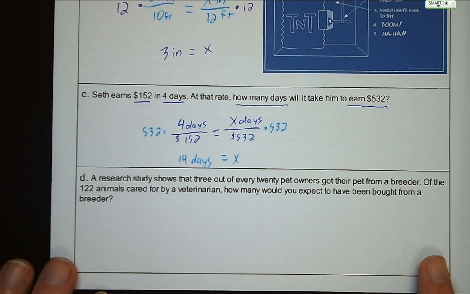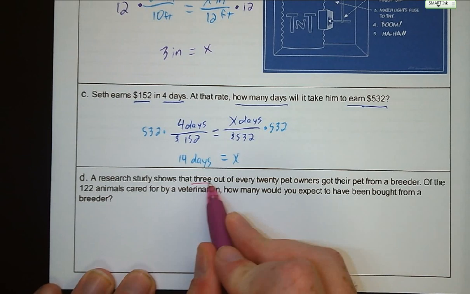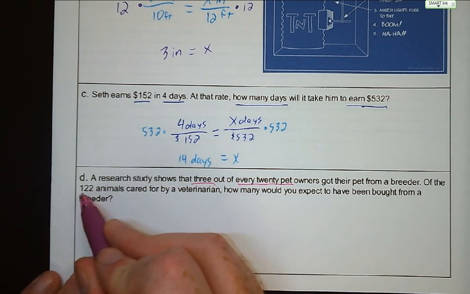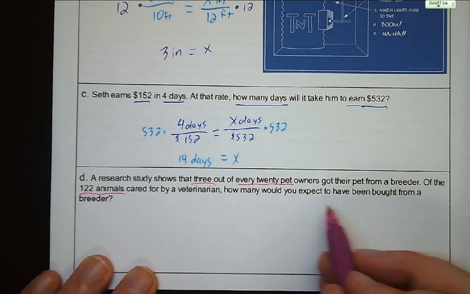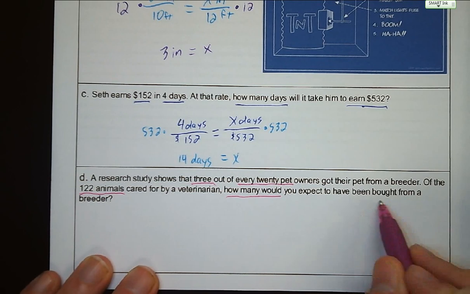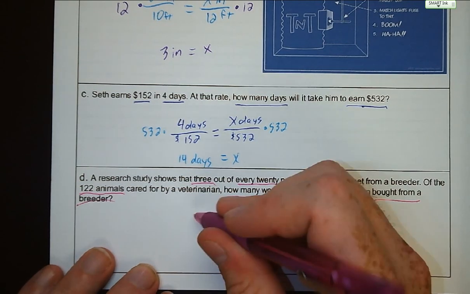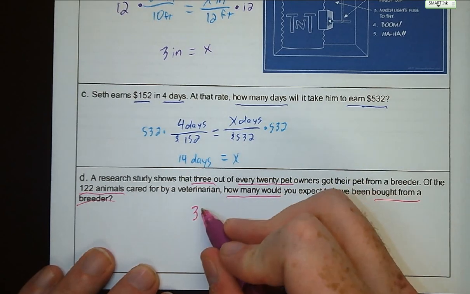Okay. Lastly, letter D. A research study shows that 3 out of every 20 pet owners got their pet from a breeder. And we want to know, of the 102 animals cared for by a vet, how many would you expect to have been bought from a breeder? All right. So I start off my ratio. I know that I have 3 pets out of every 20.